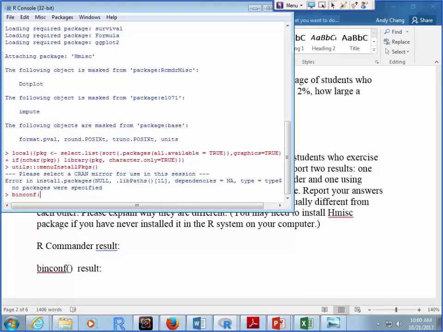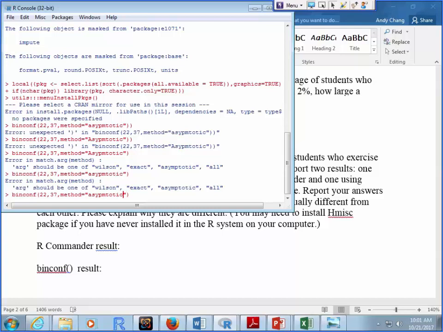So 22 out of the 37, and I think the method is equal double quote asymptotic. I can never remember this. Misspelled.